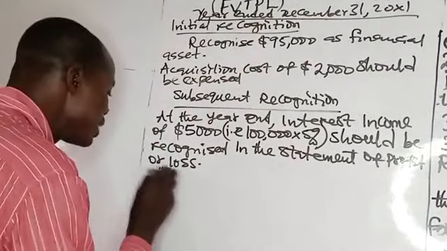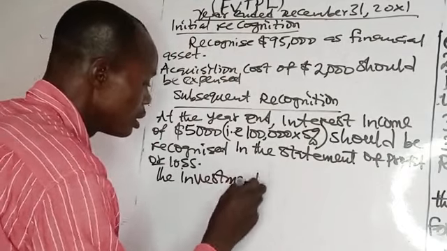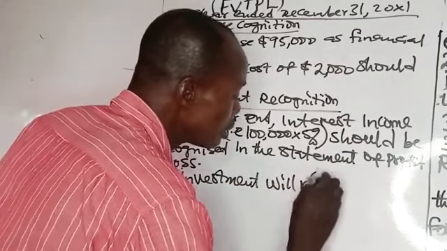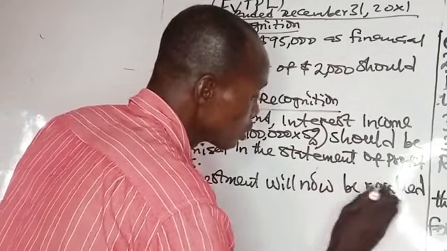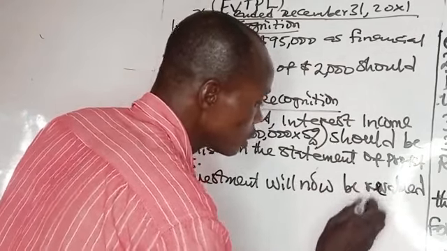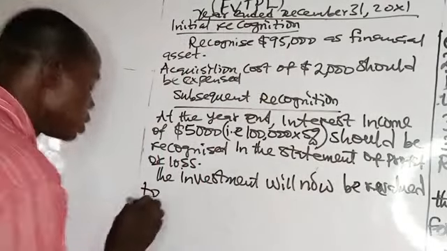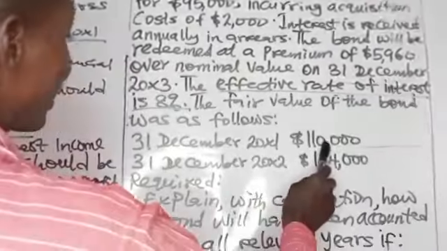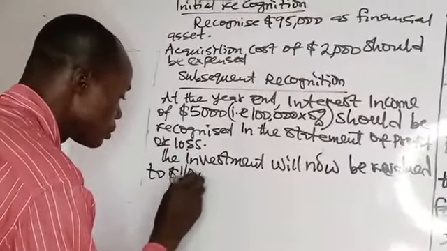The investment will now be revalued. At the end of 20X1, you revalue it to 110,000.